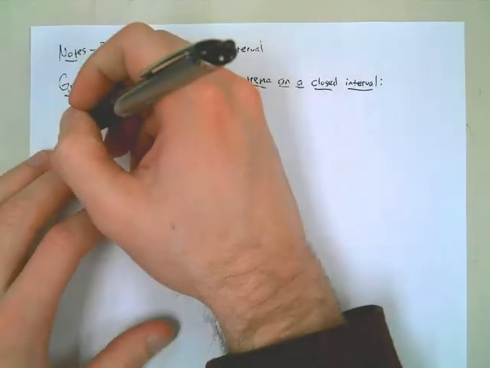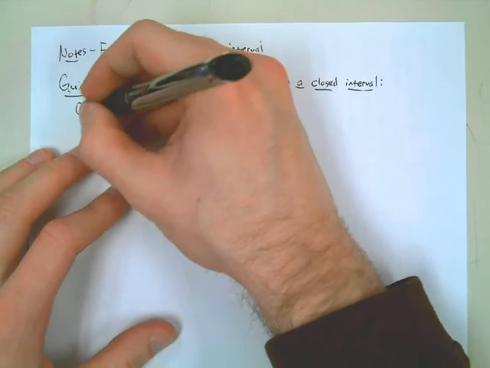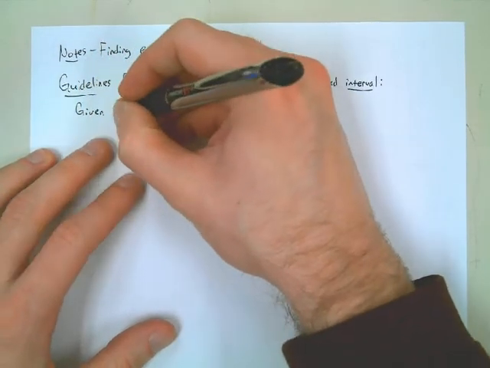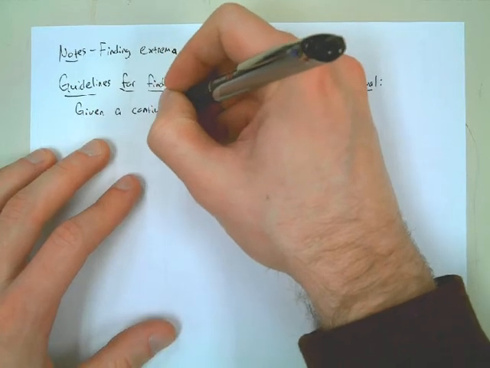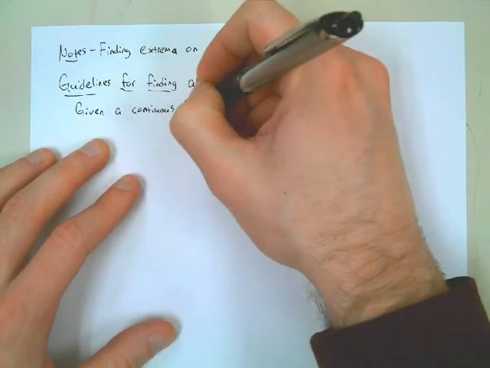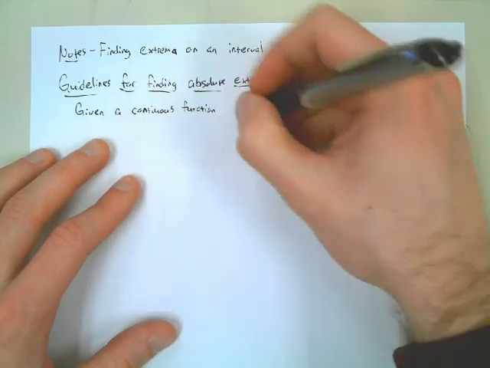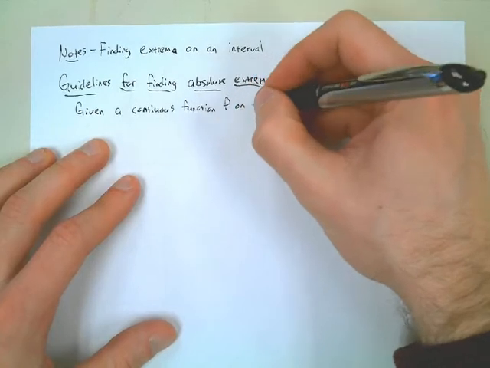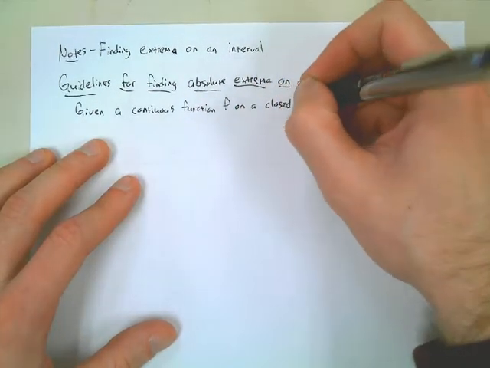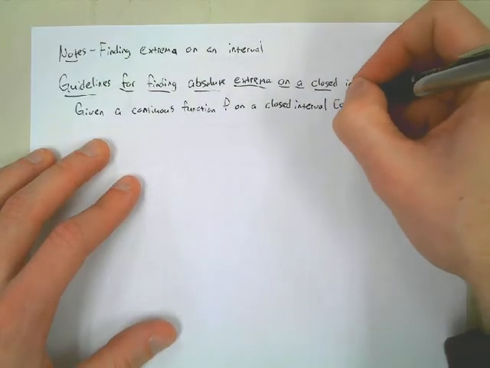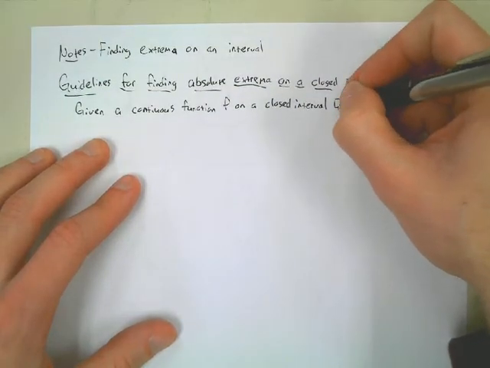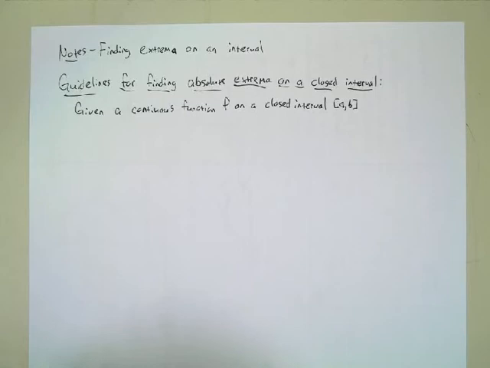So, given a continuous function f on a closed interval, and I'll say the closed interval is a, b, here's what we're going to do.